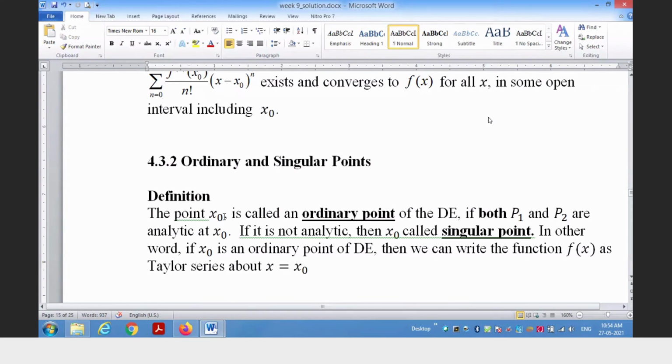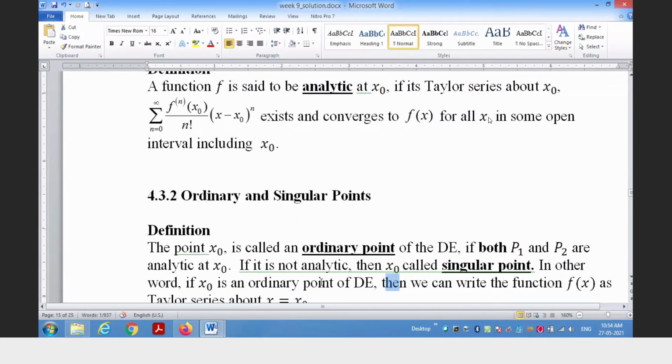If x naught is not ordinary, then x naught is called a singular point. In other words, if x naught is an ordinary point of the given differential equation, then we can express f(x) as a Taylor series about x naught.